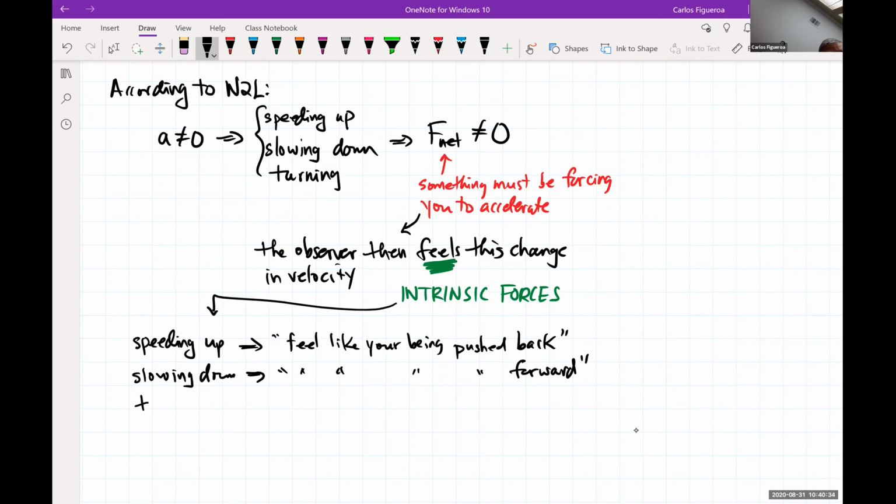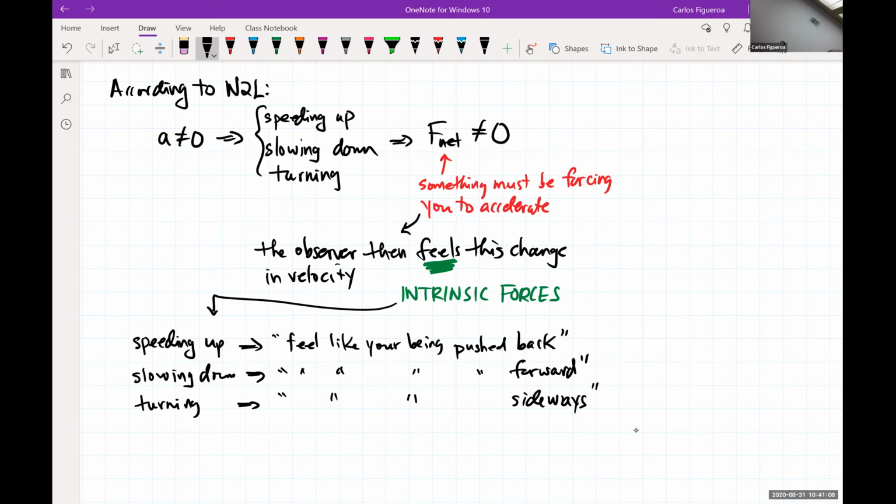And if you're turning, it feels like somebody is pushing you sideways. Again, there's nobody pushing you sideways. According to Newton's first law, you want to continue moving straight, but it's the car that has changed direction. And so you move towards the door.